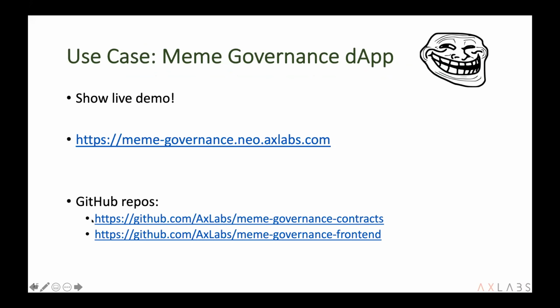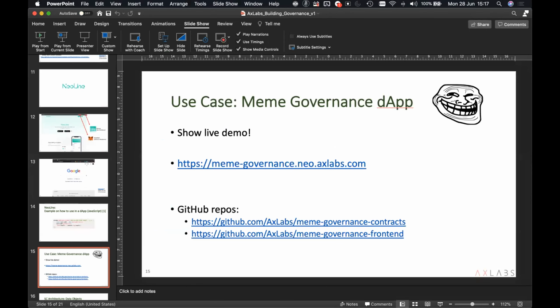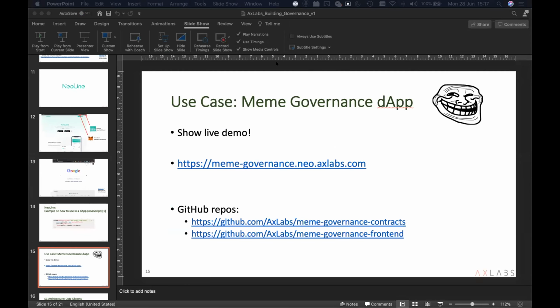Just to mention that we haven't published it yet on Twitter, but we're going to do it later today. Here are the two repositories for the contracts and the front end of everything that we're going to discuss today.